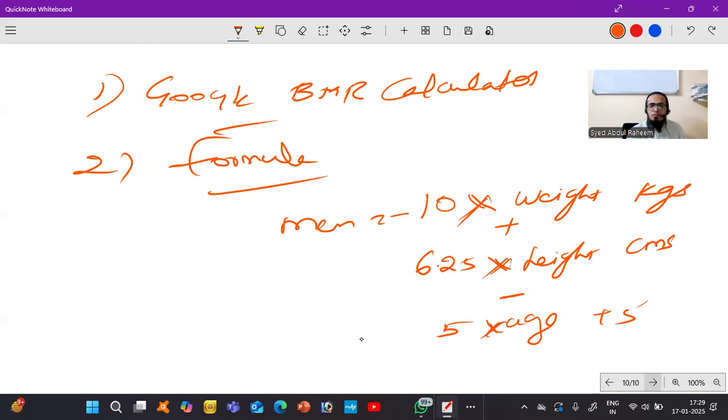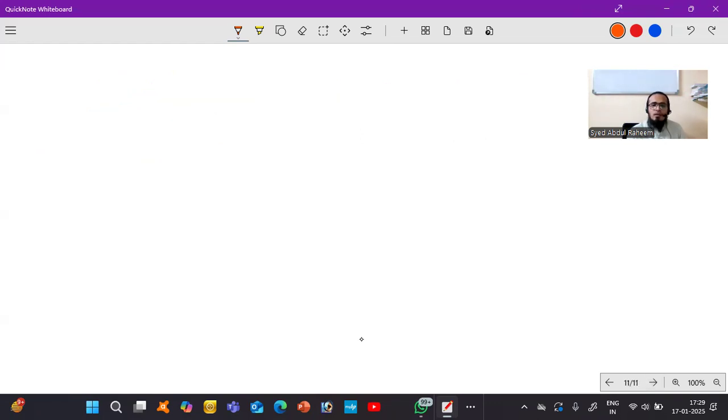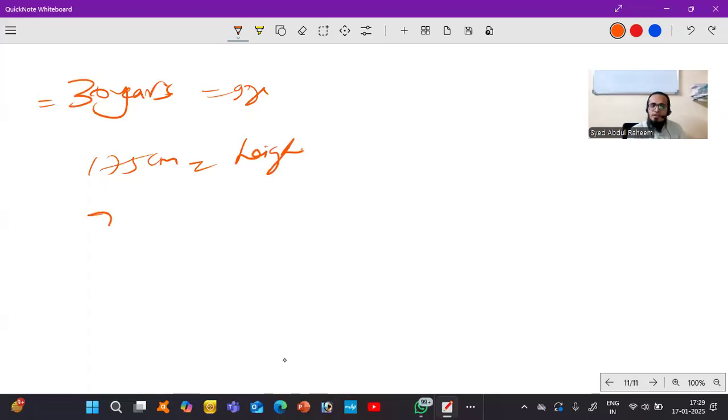For example, a man of 30 years, height 175 centimeters, weight 70 kgs.